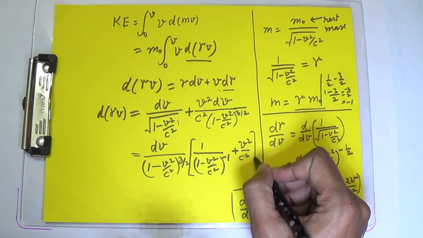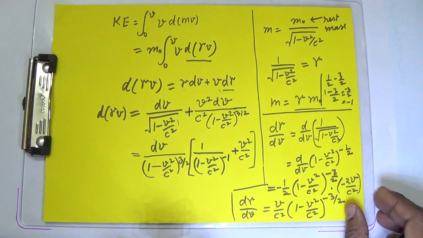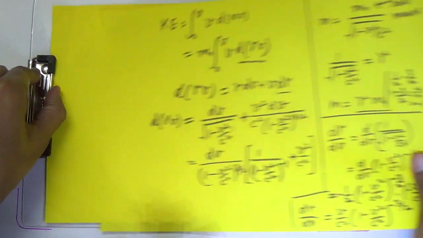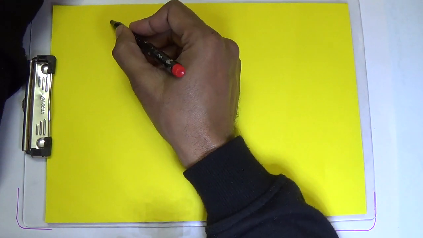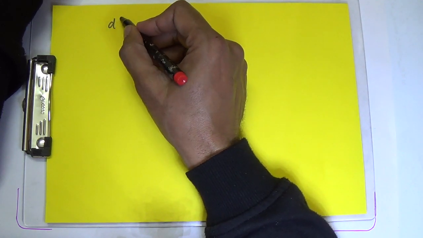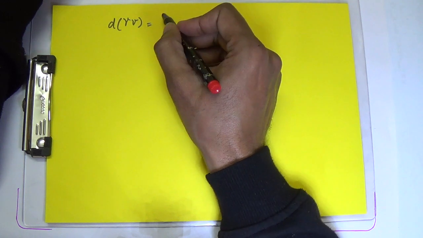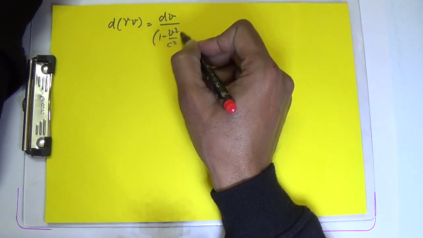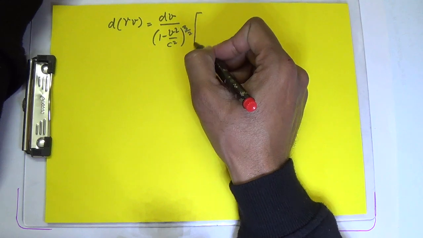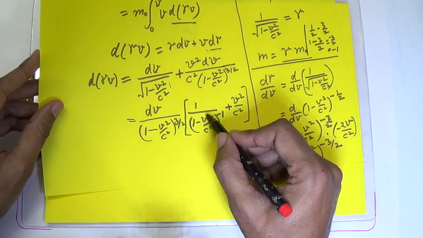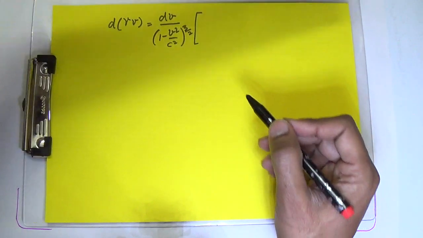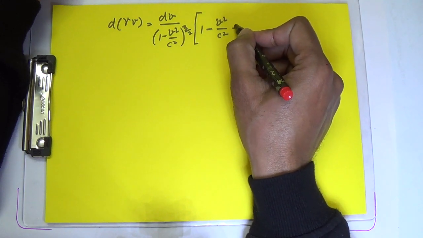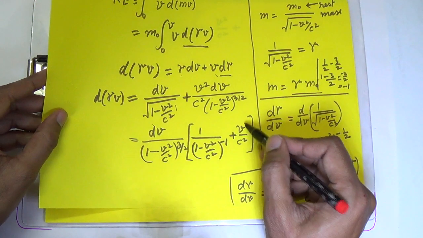So this is v square upon c square, and after simplification the result will be d(gamma v) is equal to dv upon (1 minus v square upon c square) to the power 3 by 2, times the factor 1 minus v square upon c square plus v square upon c square.